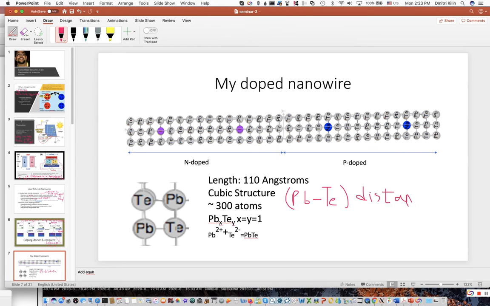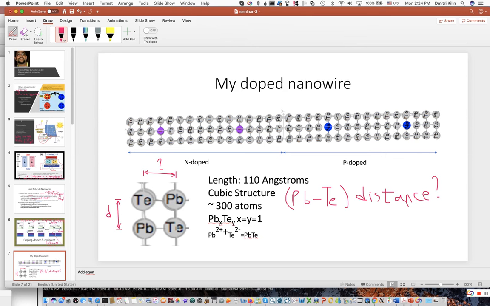Lead and telluride occur in a 1-to-1 ratio, so for every lead there's a telluride. Lead originally has 2 extra electrons in its valence band, and telluride needs 2 electrons in its valence band to become happy. So lead donates 2 electrons to telluride, and together they form a compound.